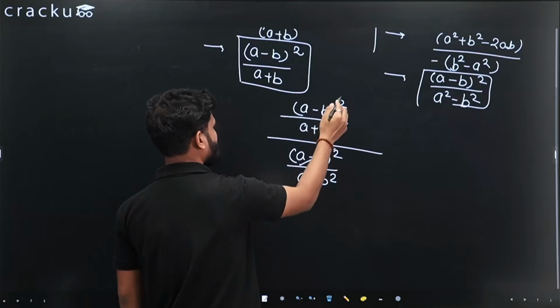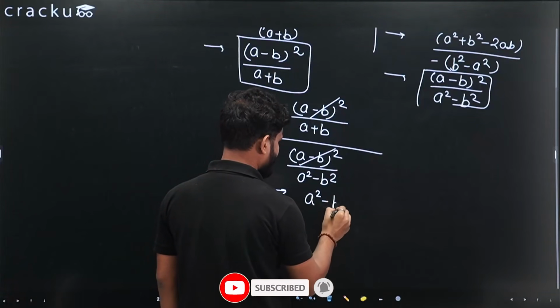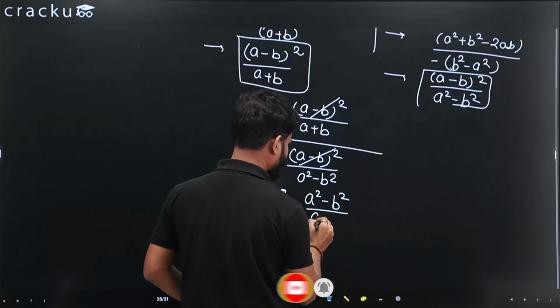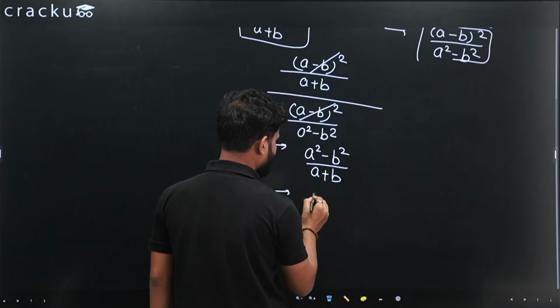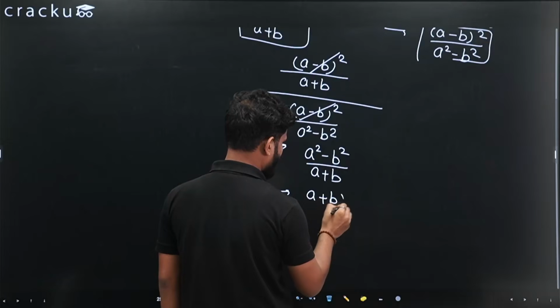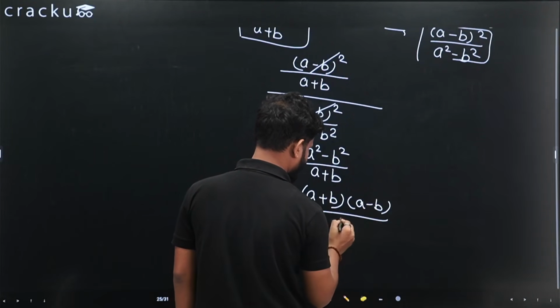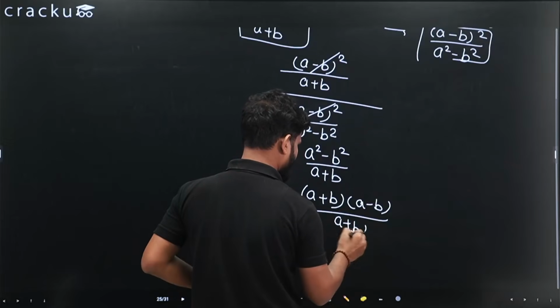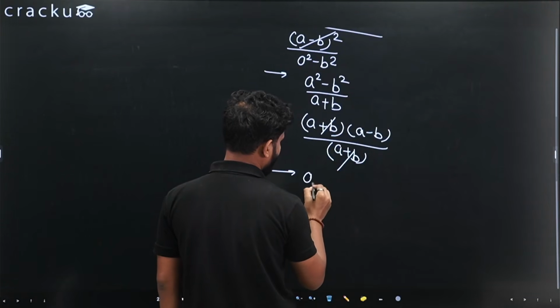So A minus B whole square will get cancelled and this will be A square minus B square upon A plus B. A square minus B square is A plus B into A minus B upon A plus B. So A plus B will get cancelled and this will be A minus B.